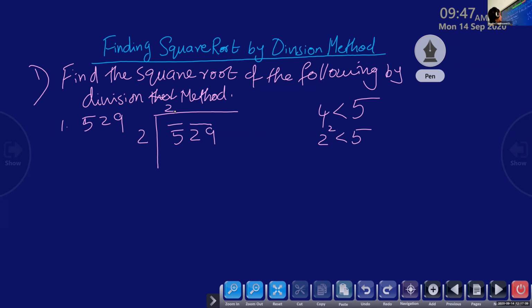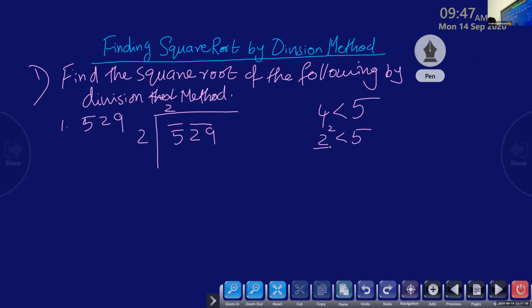Take the number under the first bar. It is 5. Since it is not a perfect square, we take the perfect square just below it, which is 4. 4 is 2 square, and that 2 will be the first divisor and first quotient.